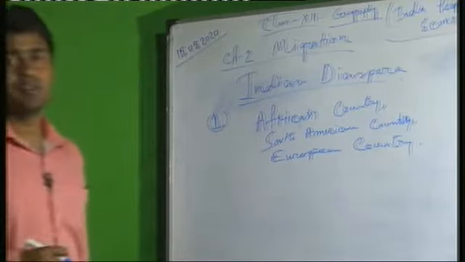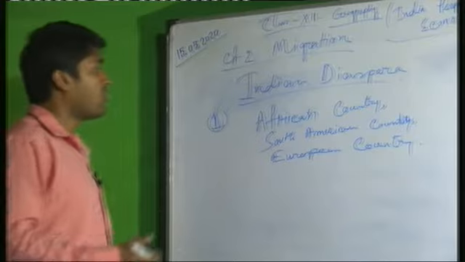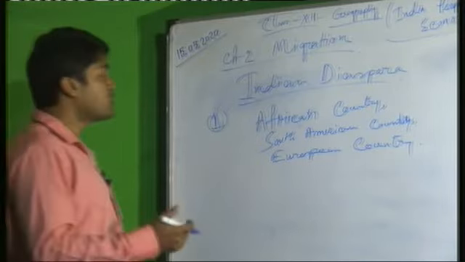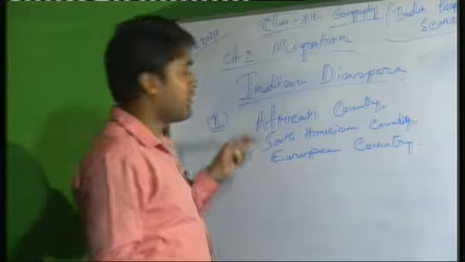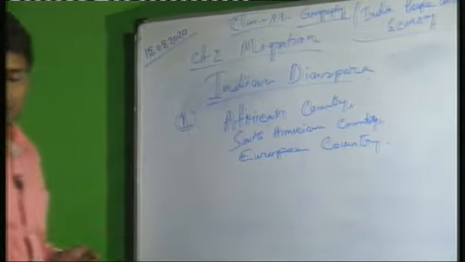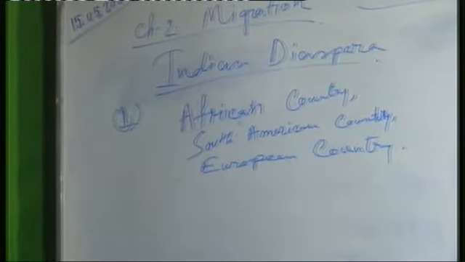They shifted because, as slaves or as workers, they were forcefully shifted to different islands like Trinidad, Tobago and the Caribbean islands, South American countries, European countries. They shifted from different Indian states like Uttar Pradesh, Bihar, etc.